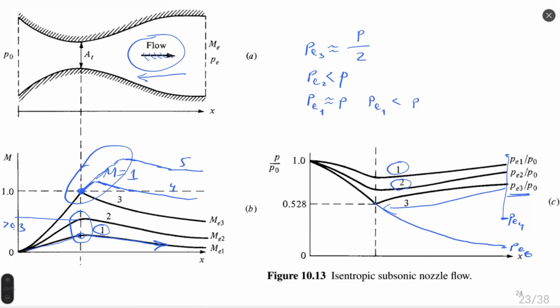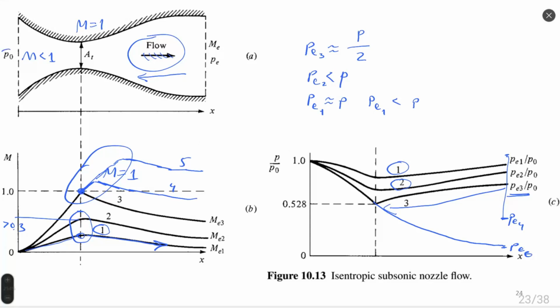Flow enters supersonic, goes inside the isentropic nozzle as supersonic flow, then compresses, reaches Mach 1 in the throat, and goes out with subsonic conditions.